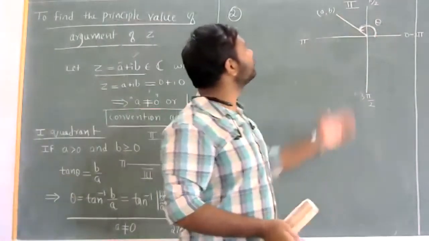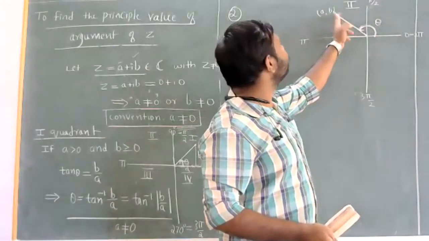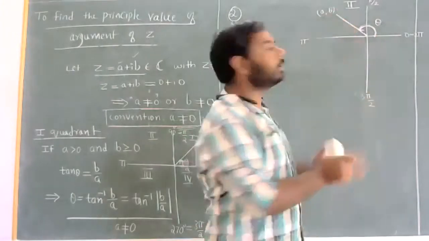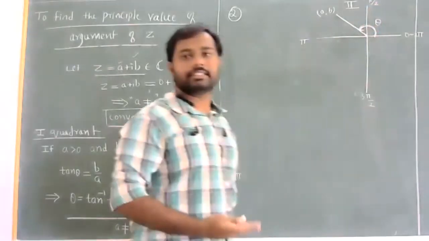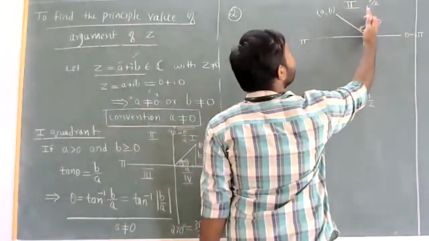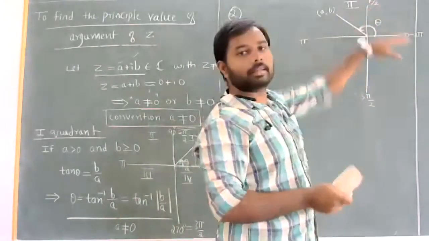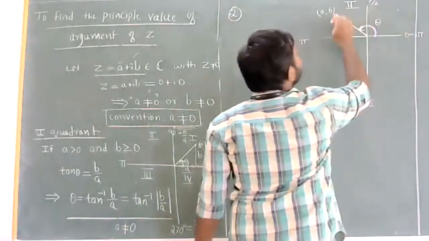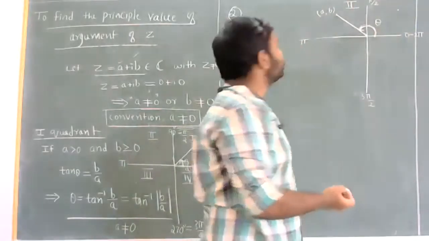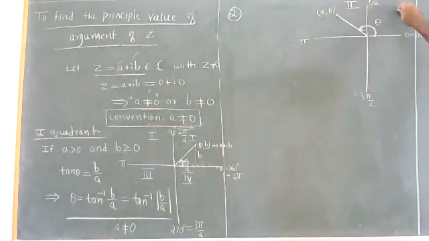So what we shall do is take the mirror image of this point along the imaginary axis. It means place a mirror here and take its mirror image. So the mirror image will be here. And what will be the coordinates?